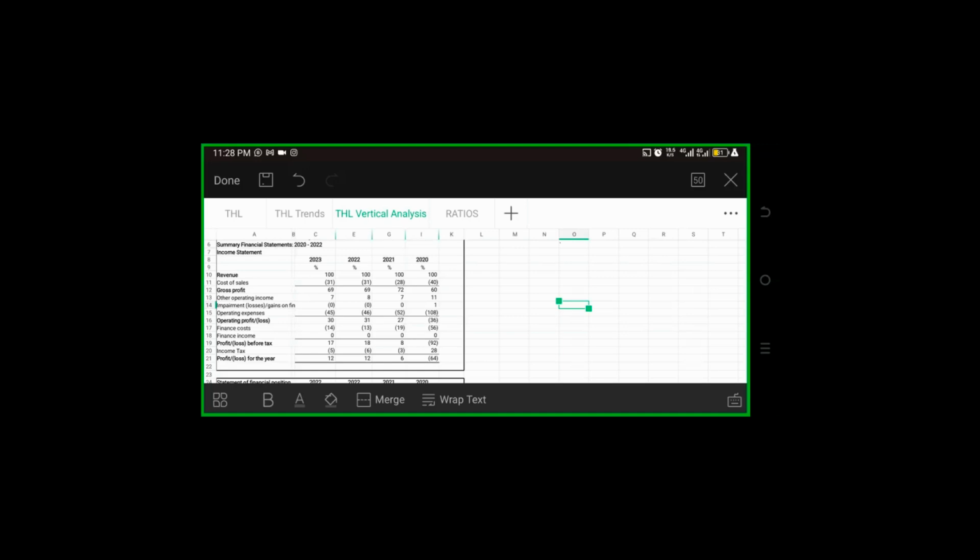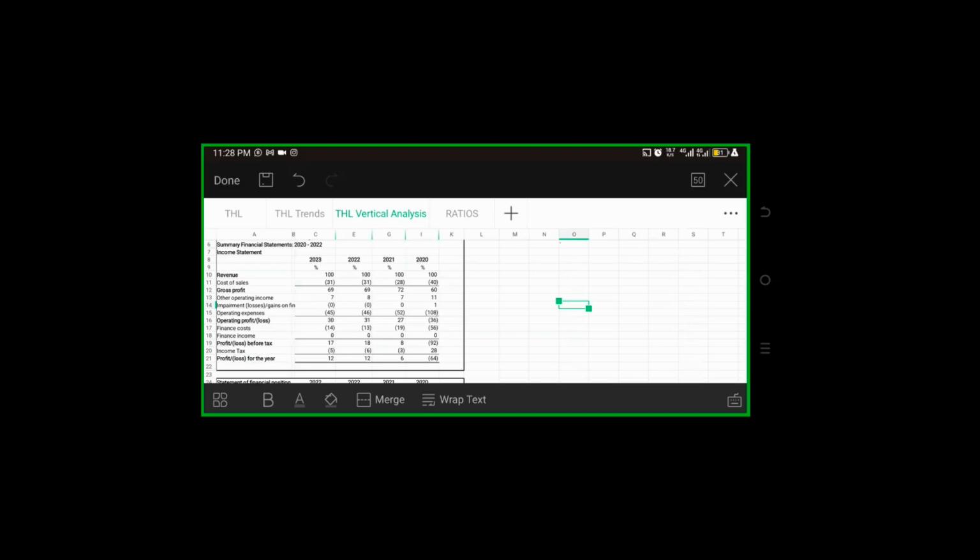But what you notice is that operating expenses, for every 100 naira they make as revenue, they are spending 108 naira on operating expenses. In fact, they had to borrow more to spend.